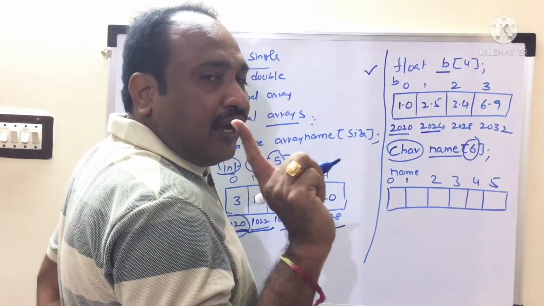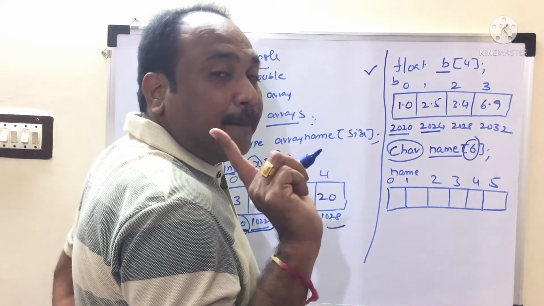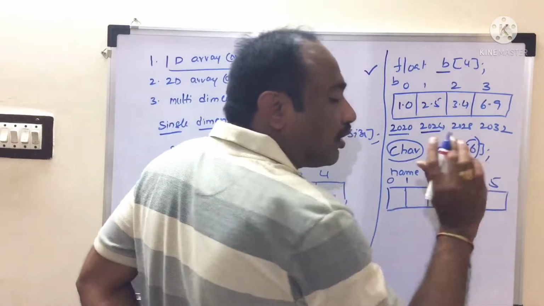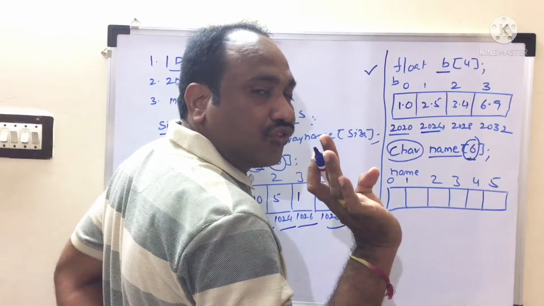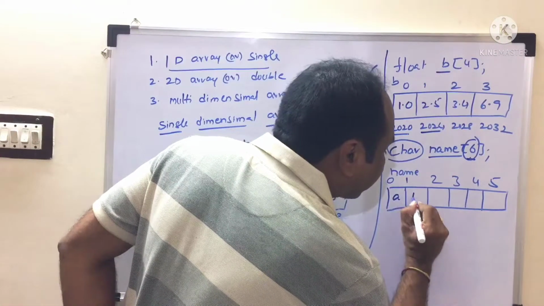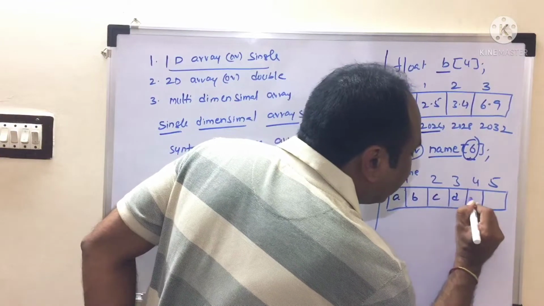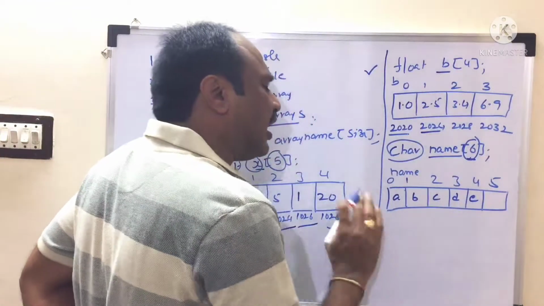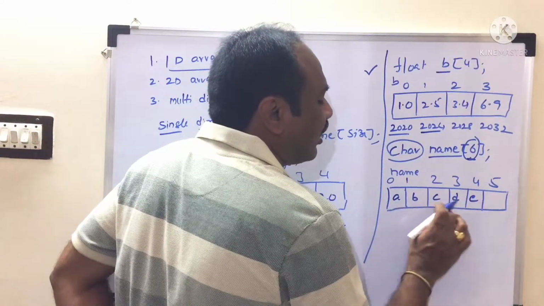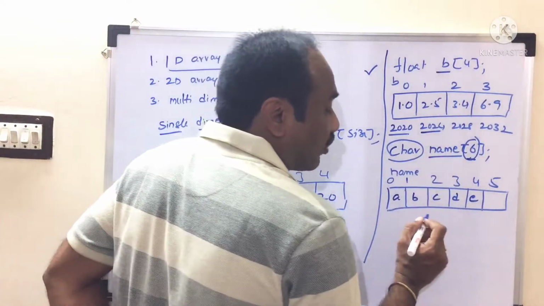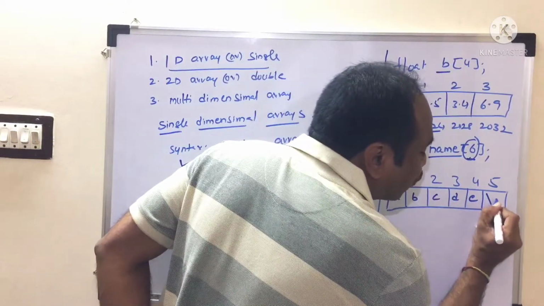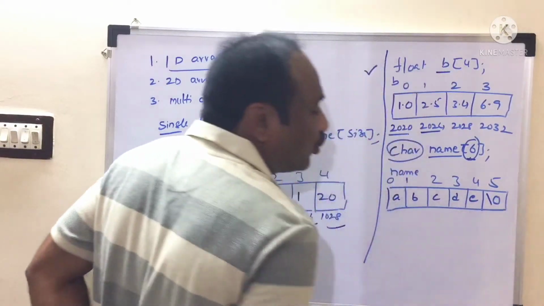When you are going to work with character arrays, be cautious. If the array size is 6, we can't store 6 values. In the case of characters, we can store only 5 characters, like A, B, C, D, E, or X, Y, Z, or V, I, J, Y. We can store only 5 characters and the last character should be \0.